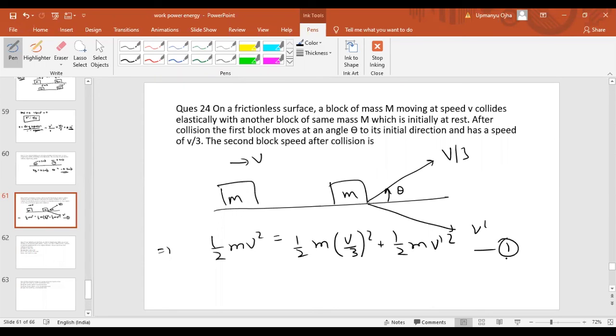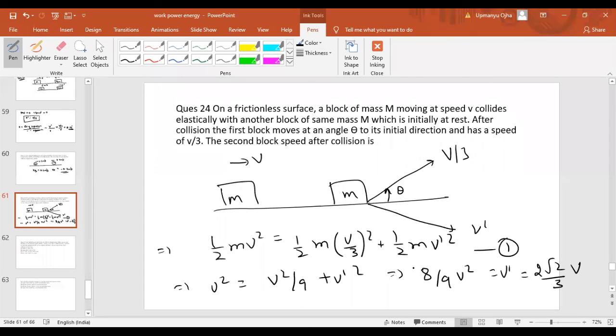If you solve this equation, we get v square equal to v square by 9 plus v dash square. So v dash will be equal to the square root of 8 by 9 v square, so the v dash value will come as 2 root 2 by 3 v. So directly we can conserve the energy and get the answer. Okay, time is up. Thank you all.